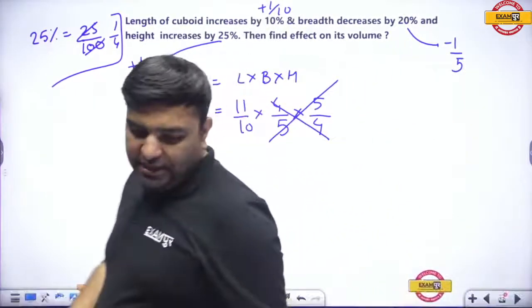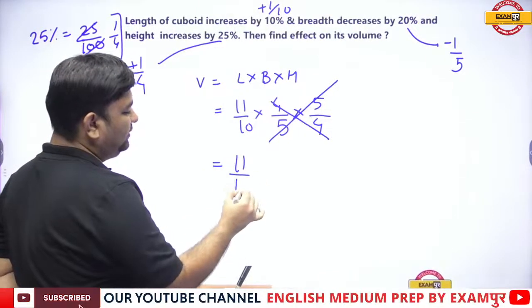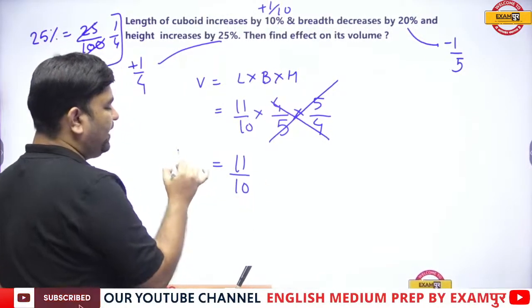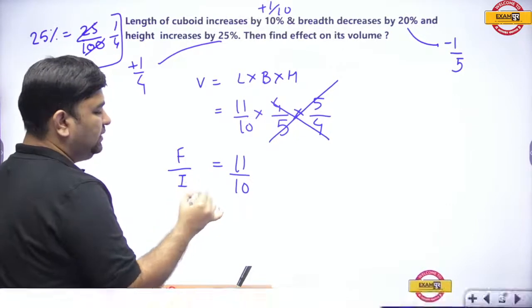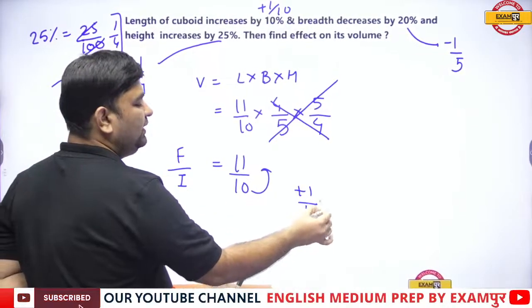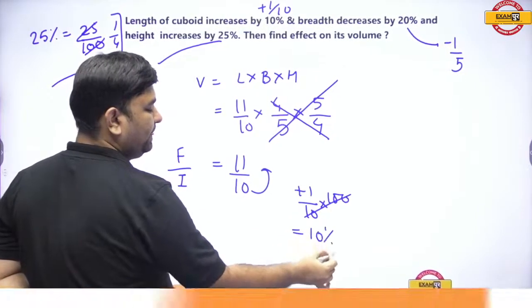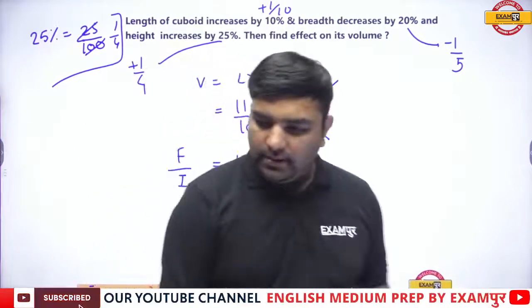So overall change is only 11 by 10, final upon initial. So volume is increasing by 1 over 10 into 100, that is 10%. Correct.